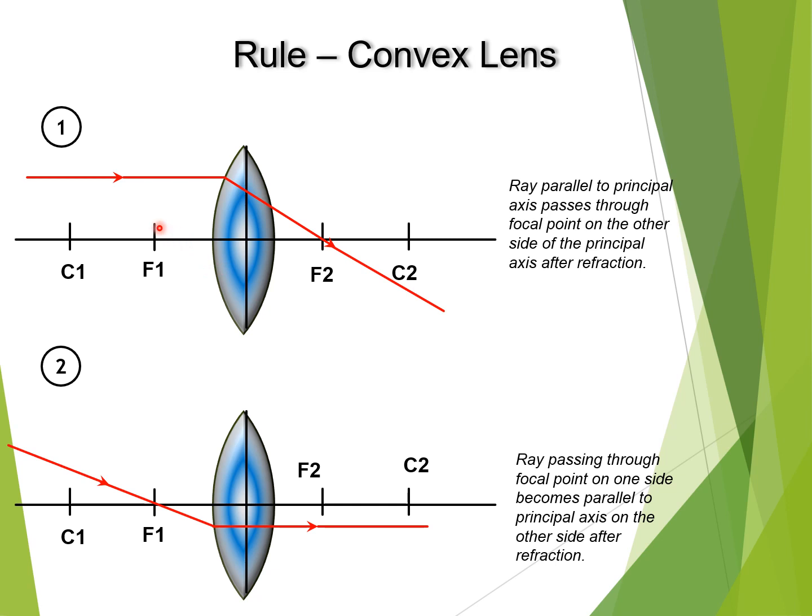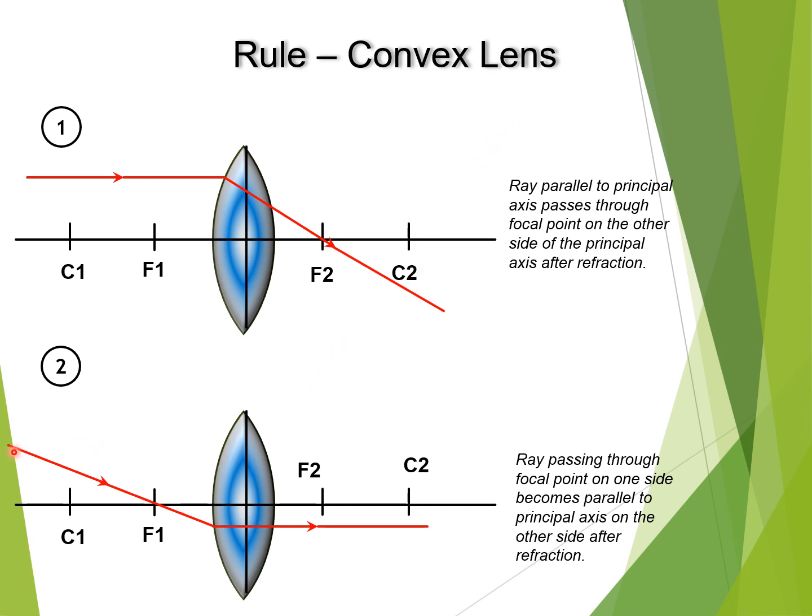Now, the first rule is that when a light ray parallel to the main axis falls on a convex lens made out of a different medium, it gets refracted and passes through the focal point of the convex lens. It converges towards the focus, and that is why the convex lens is also called a converging lens.